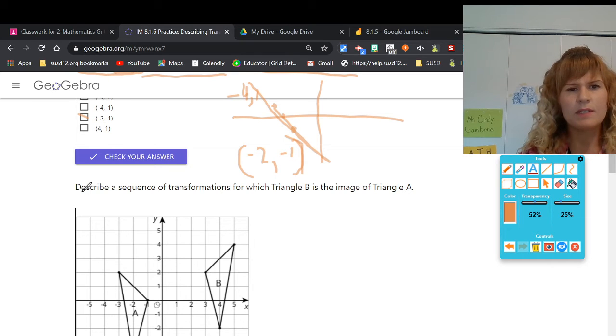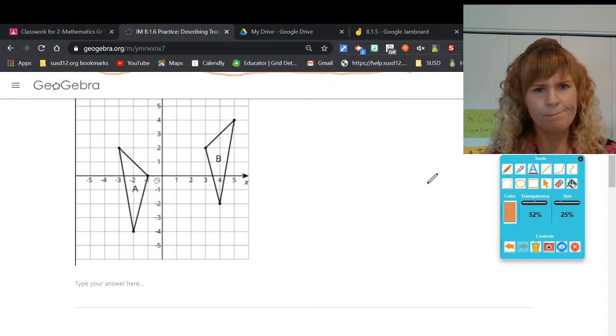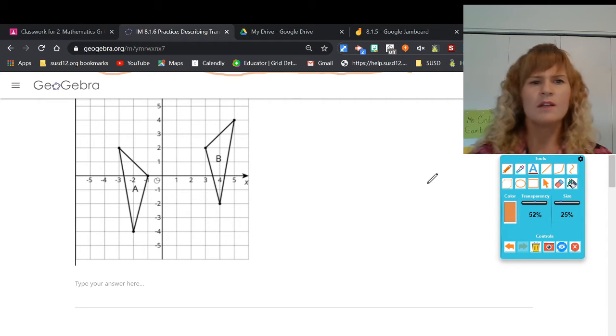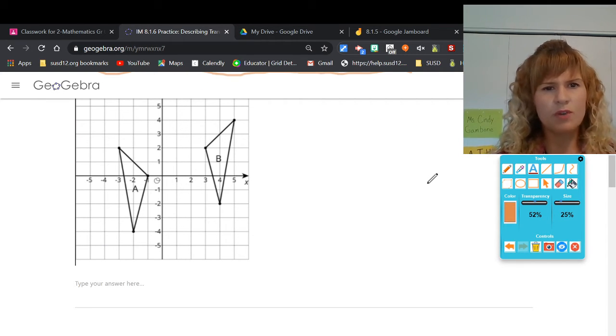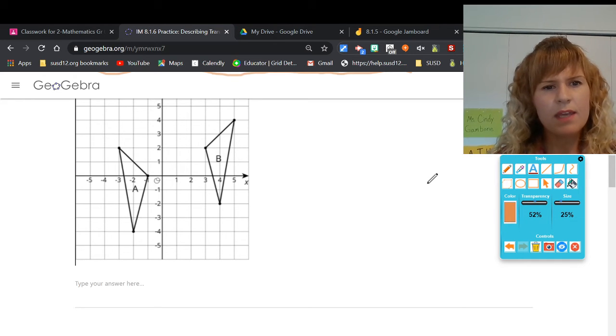Describe a sequence of transformations for which triangle D is the image of triangle A. We have to just think about this and type in our answer. Okay, a series of transformations. Well, I think I'll start with a reflection across this line.